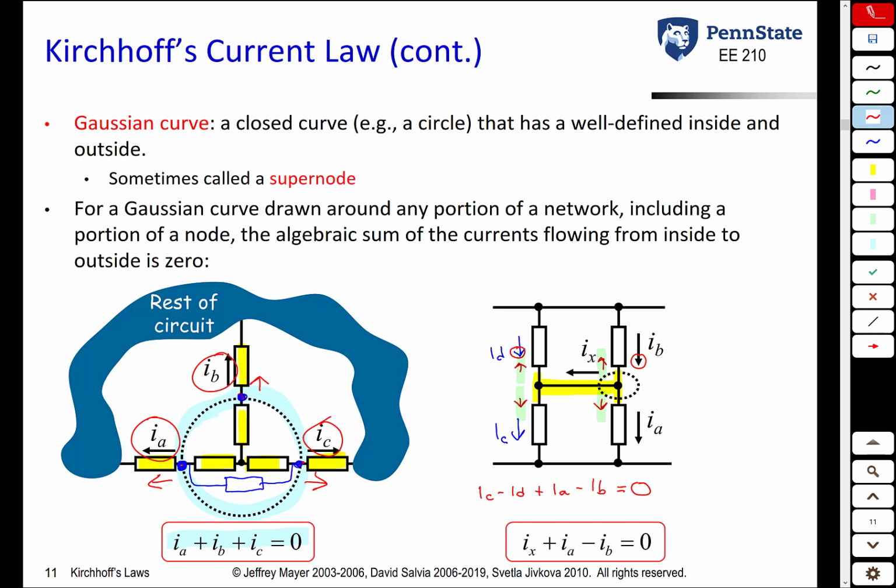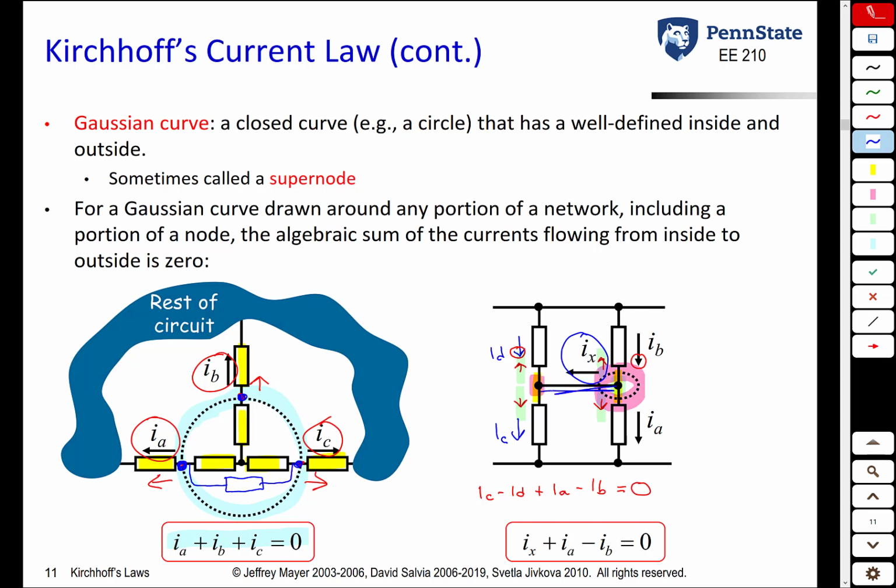But we could, if we wanted to, draw this Gaussian curve right there. That is a portion of a node. So technically, this point here is the same node as this point here. It's one node. But we can break it up like that and then find the current leaving this subnode, if you want, by defining this new variable Ix, which is the current through this wire connecting these two parts in the circuit.